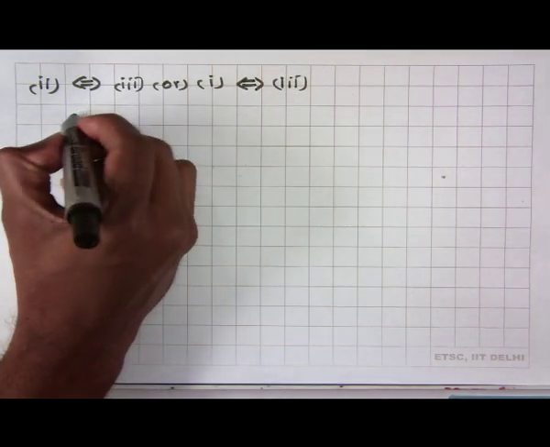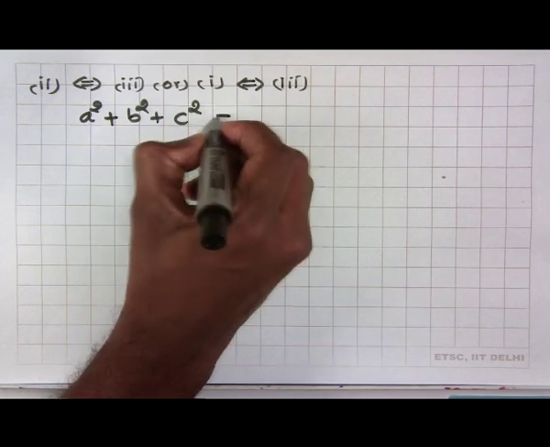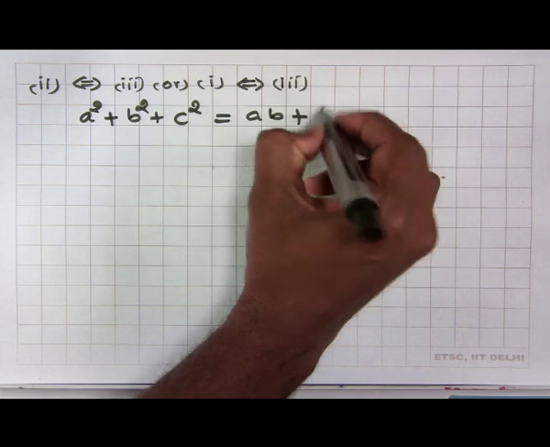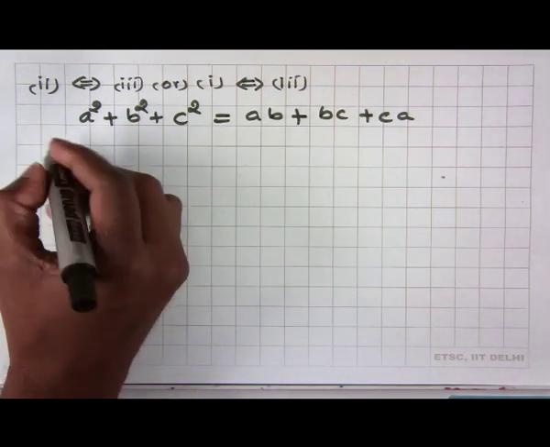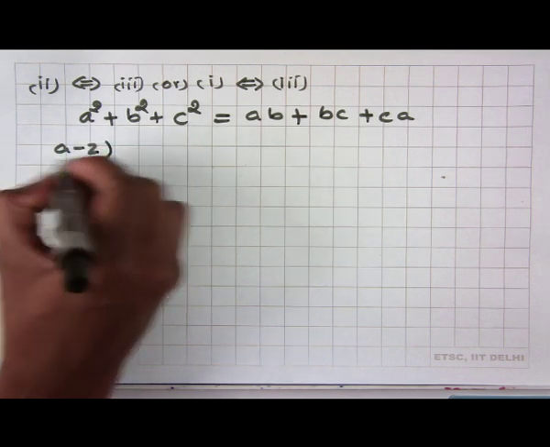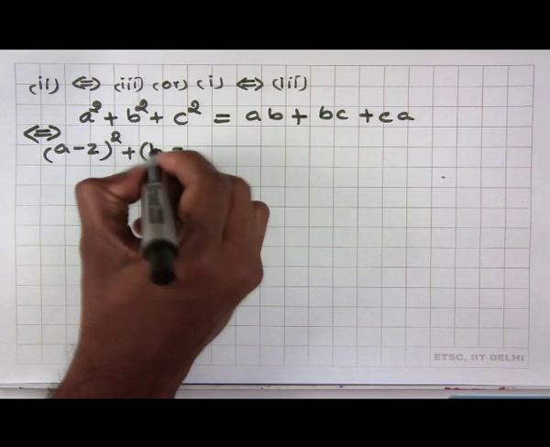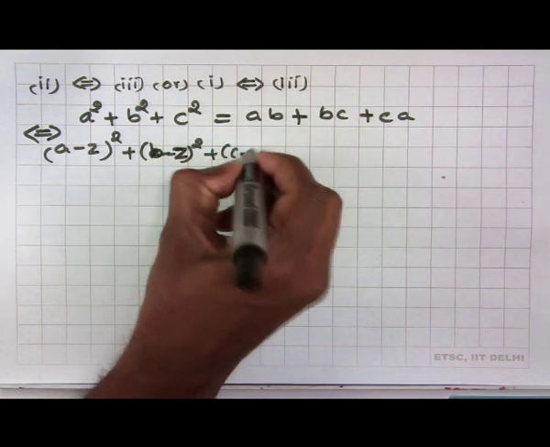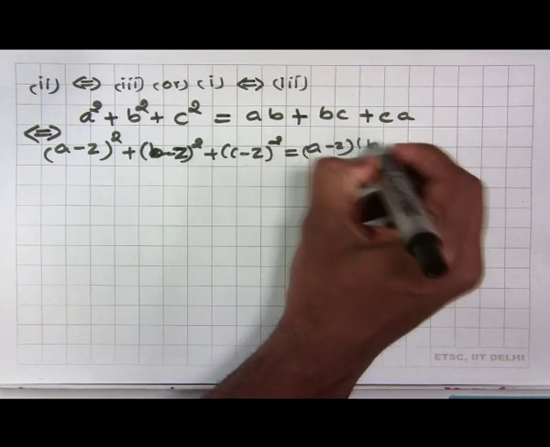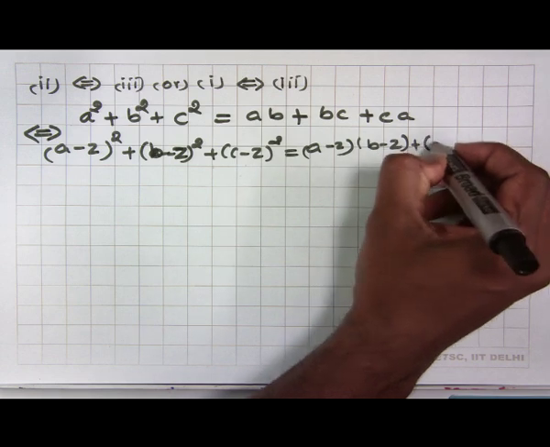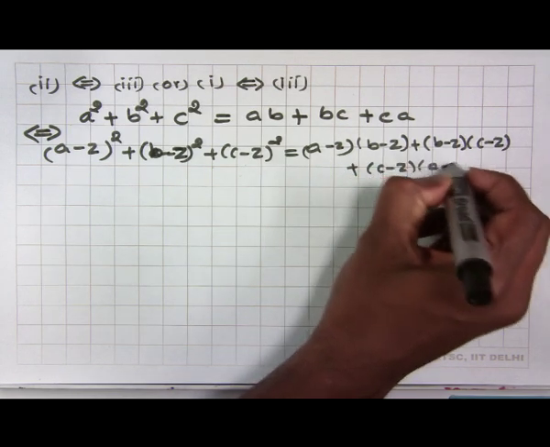Again one can notice that the shift property holds, that is if you shift the triangle ABC by Z, then this is satisfied if and only if (A minus Z) squared plus (B minus Z) squared plus (C minus Z) squared equals (A minus Z)(B minus Z) plus (B minus Z)(C minus Z) plus (C minus Z)(A minus Z).